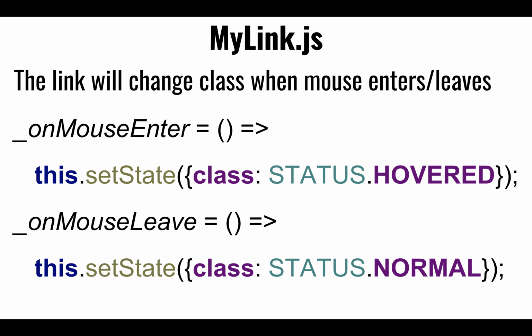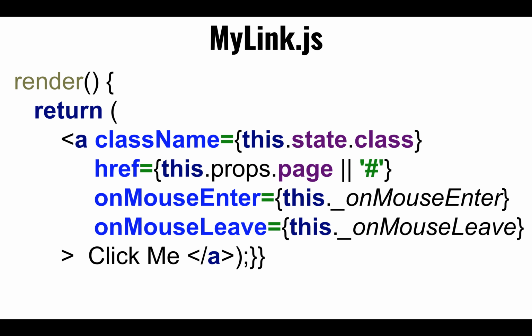Here's our actual content that is being rendered. It's just a simple hyperlink with the two event handlers, onMouseEnter and onMouseLeave, which are going to invoke those two functions that we declared earlier. They're going to toggle the state between normal and hovered.